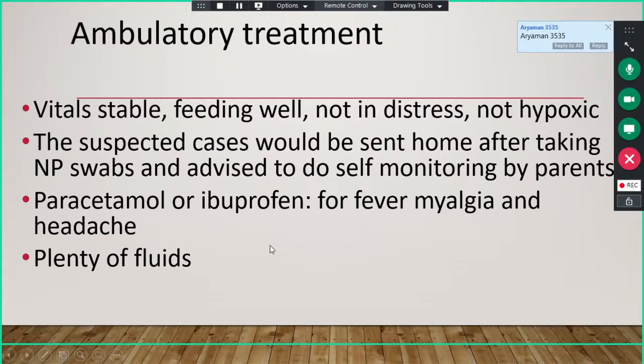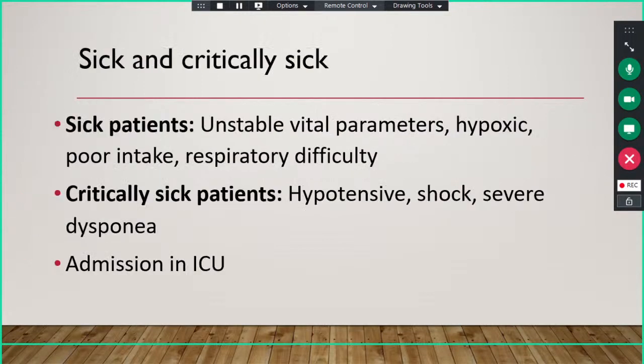Treatment required is paracetamol or ibuprofen for fever, myalgia and headache, and encourage the child and adult patient to take plenty of liquids to avoid dehydration.